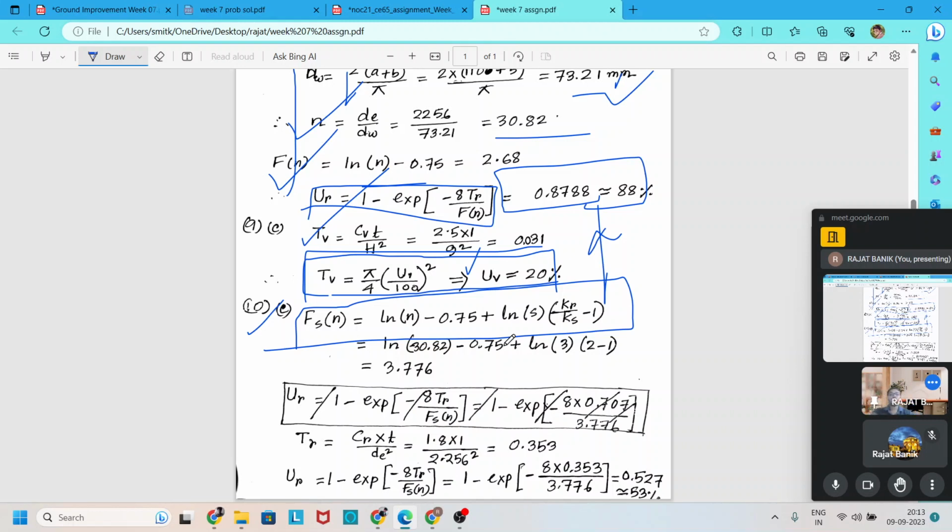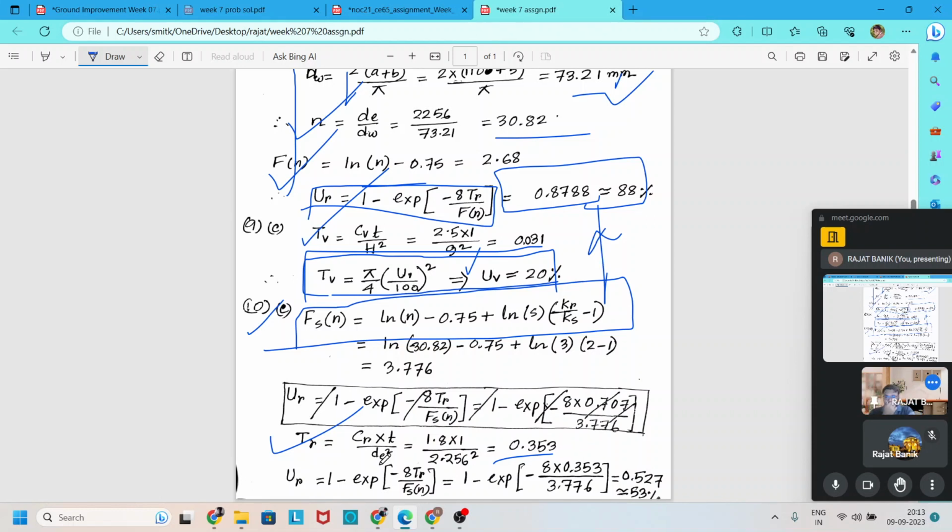After that, we find out the radial time factor for the smear zone, and we find it about 0.353.